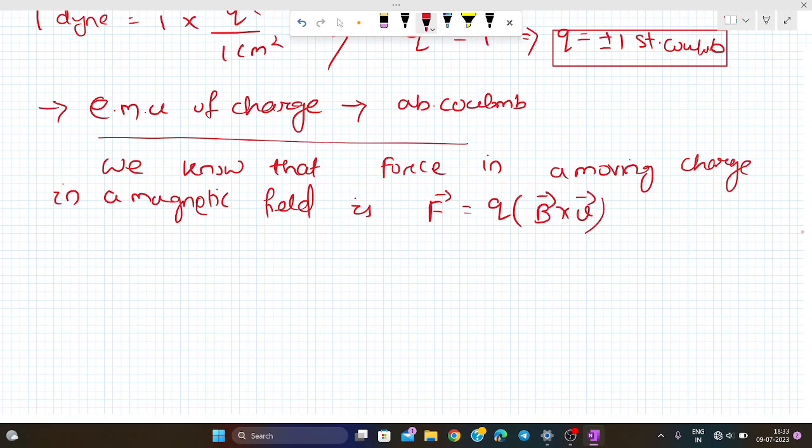Where B is magnetic field intensity and V is your velocity. So if I take the magnitude only, then it will become BQV sin theta, where theta is the angle between them.